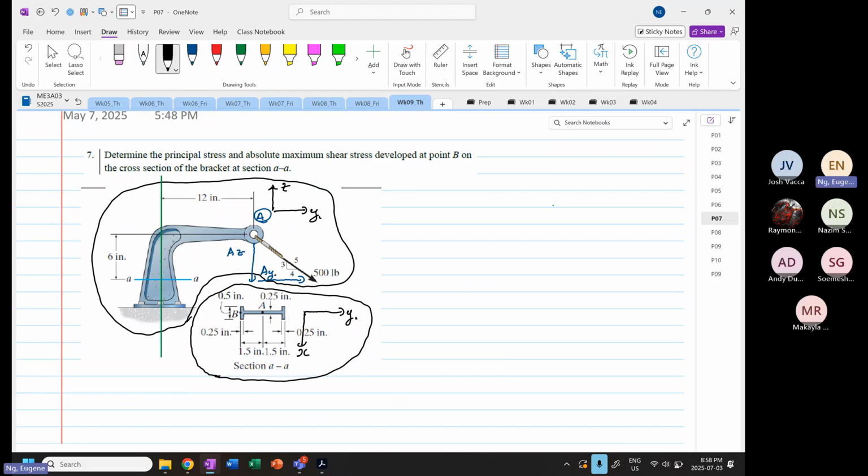So we know our AZ will be equal to 3/5 multiplied by 500, so it's 300 pounds.